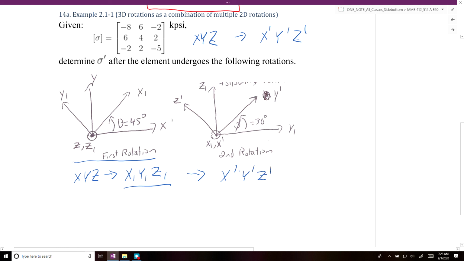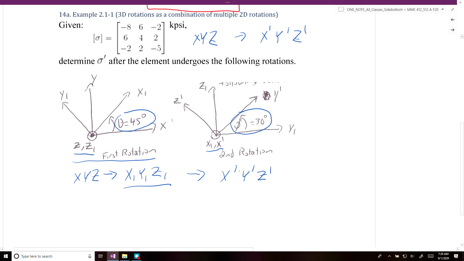For the first rotation, we're rotating about the z-axis 45 degrees clockwise, and for the second rotation, we're rotating 30 degrees about the x1 axis, or the x prime axis.